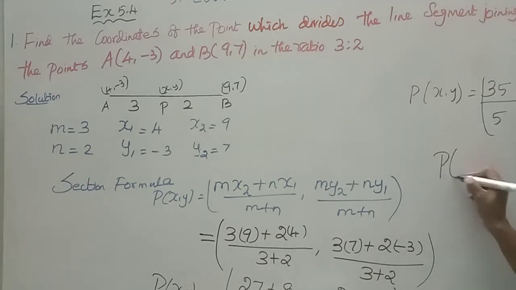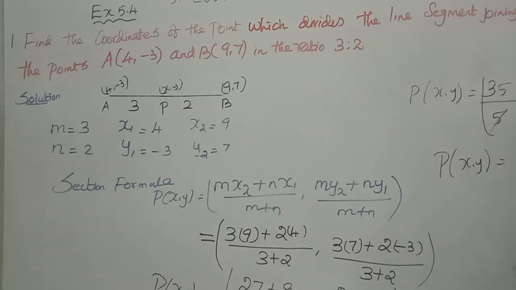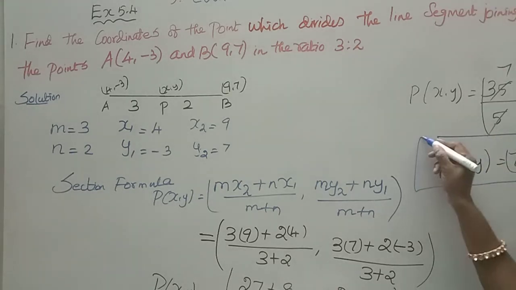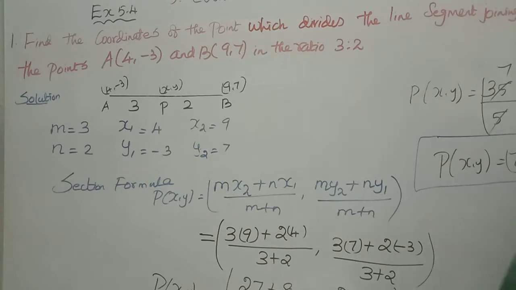So P of x comma y is equal to 5 7s are 35, so 7, comma, 5 3s are 15, so 3. So 7 comma 3. So the coordinates of P are x comma y equal to 7 comma 3, which is the answer for the first sum. Understand? Okay. Take your notebook and copy this sum, children.